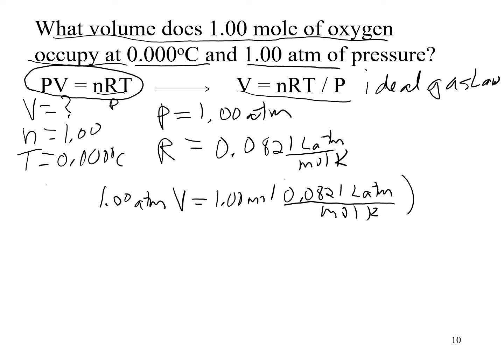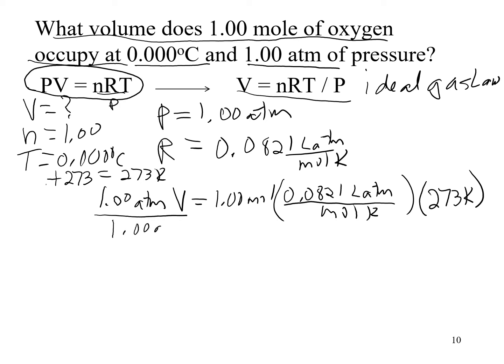And then my temperature is 0 degrees Celsius, which I need to add 273 to. So my temperature is 273 K. Then I can go ahead and solve my problem by dividing both sides by 1 atmosphere in order to cancel those units, and then I get volume by itself.